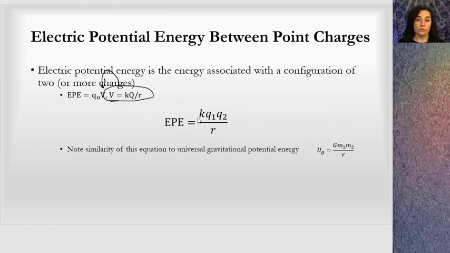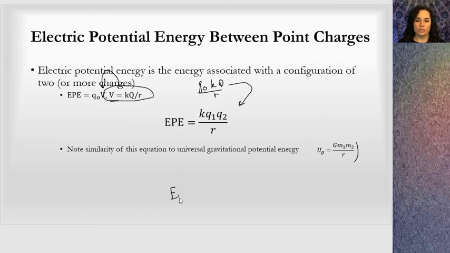So we get Q times KQ over R, and I know when you look at that, you're going to get Q naught KQ over R, but we change this to be represented with two charges, Q1 and Q2, and that's very similar to what we know about the universal gravitational potential energy, M1 and M2. We just put in there Q1, Q2 over R. So you could find the electric potential energy of just 2-point charges.